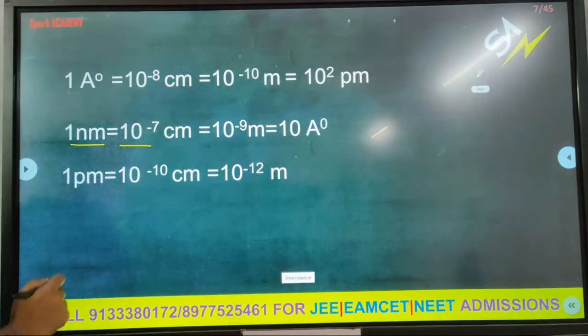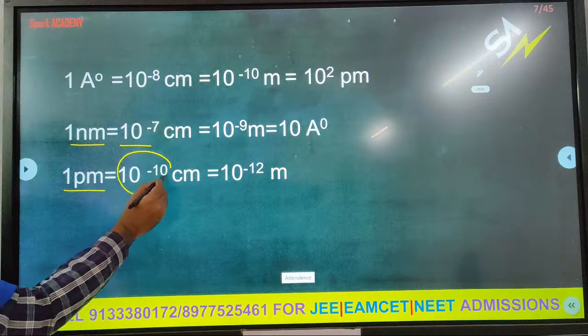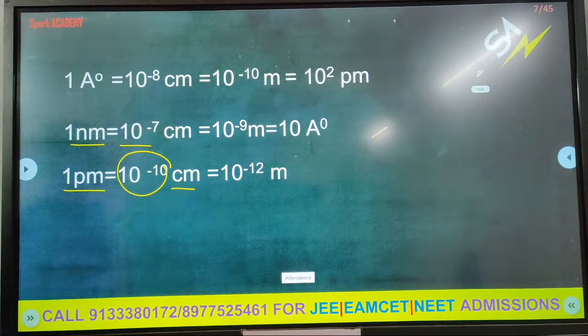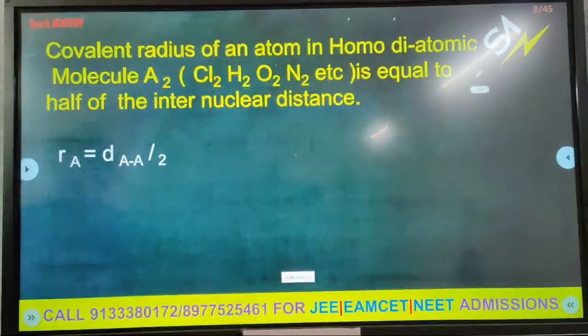What about 1 picometer? Picometers are also units for bond length: 10 to the power of minus 10 centimeters, 10 to the power of minus 12 meters.